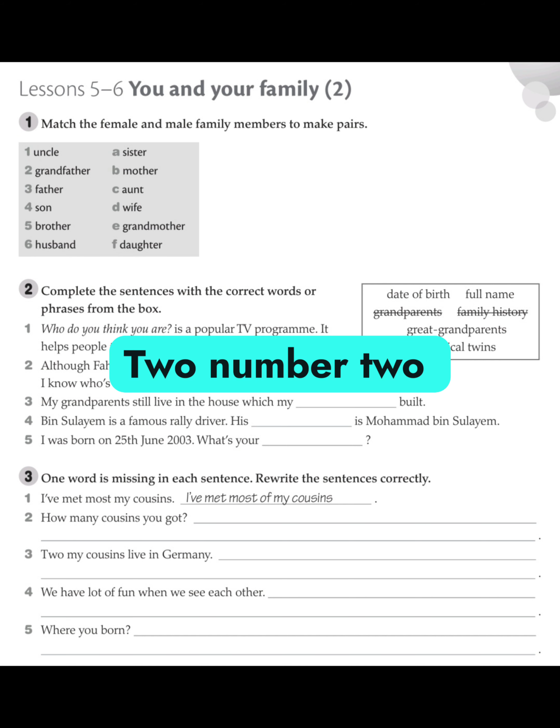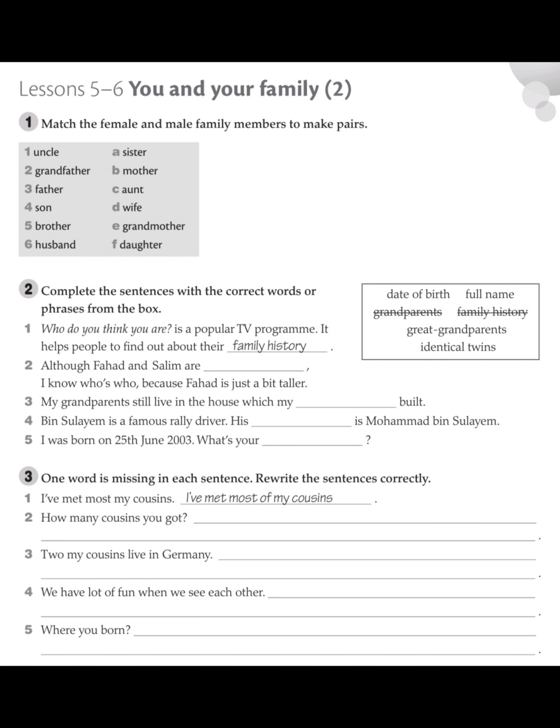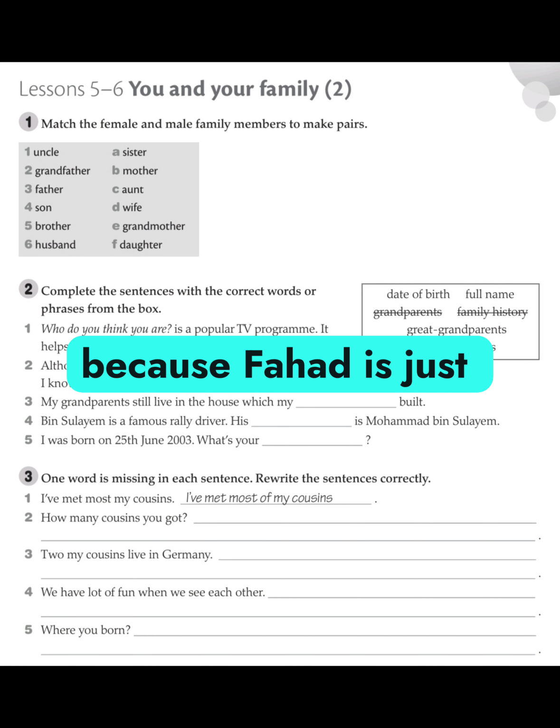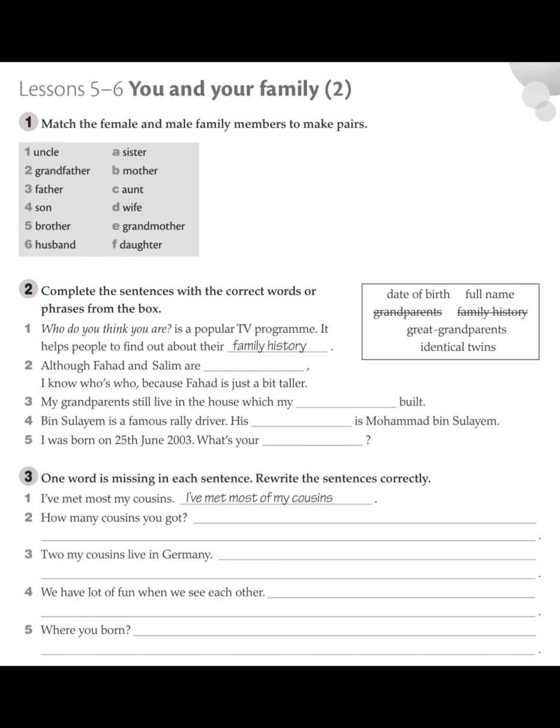Number 2. Although Fahad and Salim are identical twins, I know who's who because Fahad is just a bit taller. Number 3.